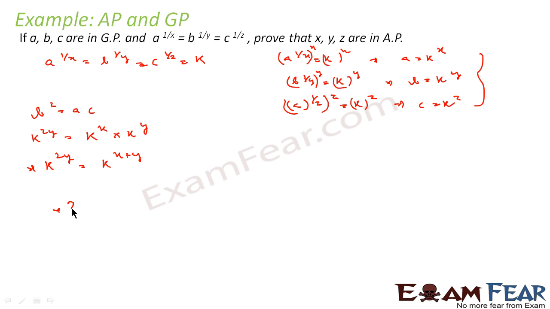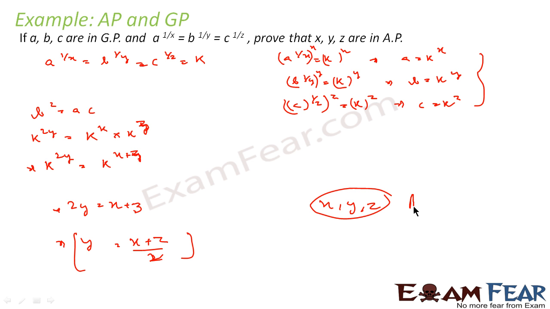From this equation we can say 2y is equal to x plus z, or y is equal to x plus z by 2. Thus we prove that if y is equal to x plus z by 2, that means x, y and z are in AP. So we have proved this.